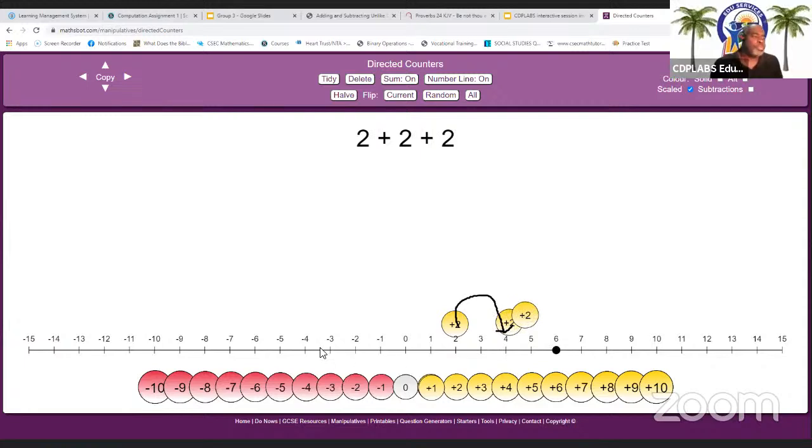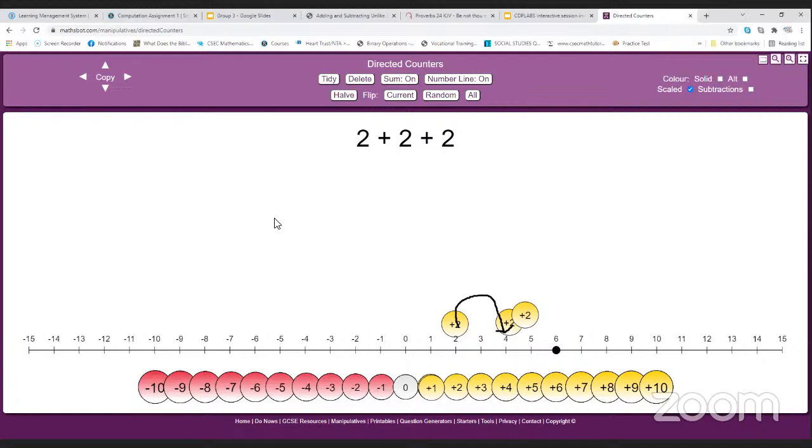So it is the same amount, but it's 2 groups of 2. So 2 groups of 2 is equal to what? 4, right?